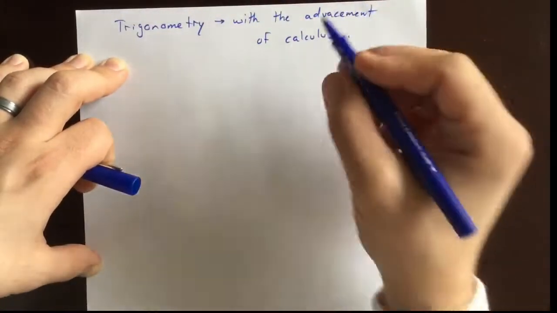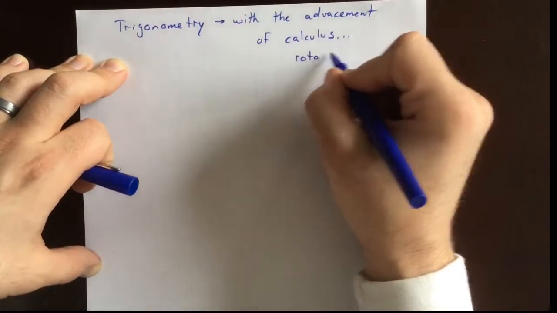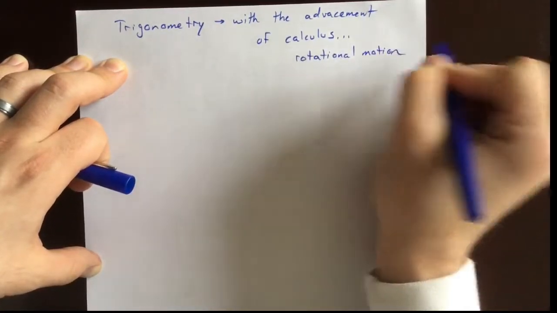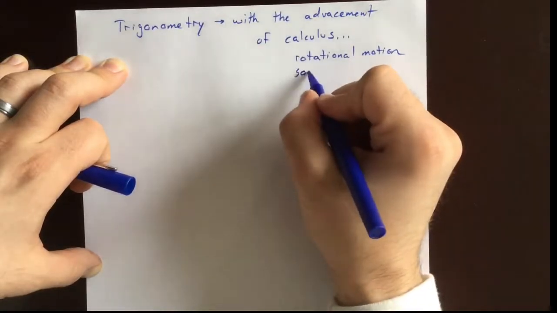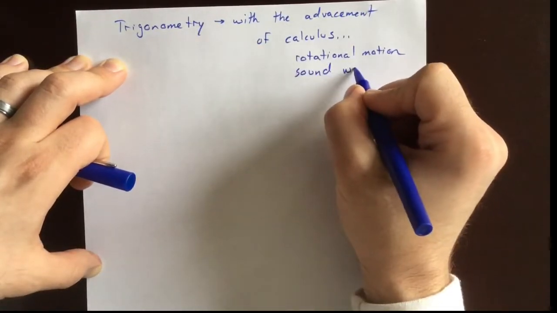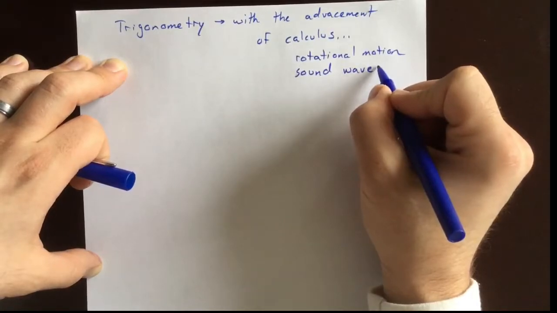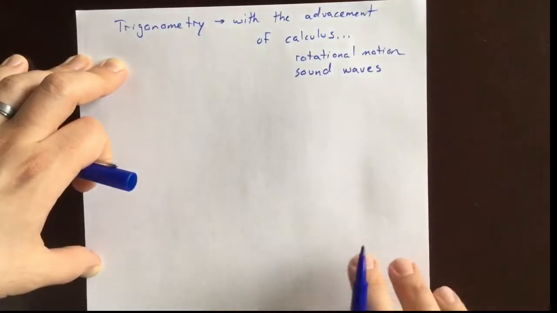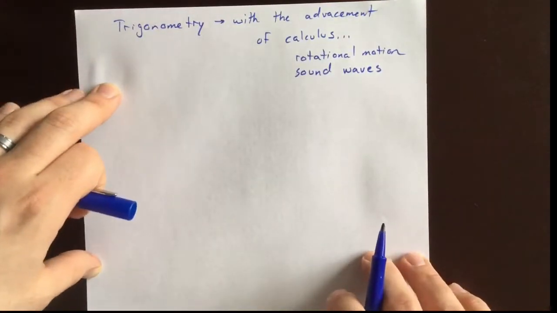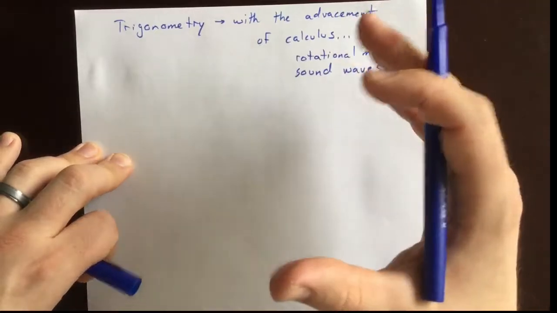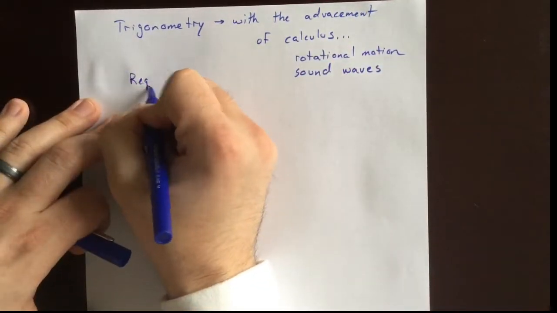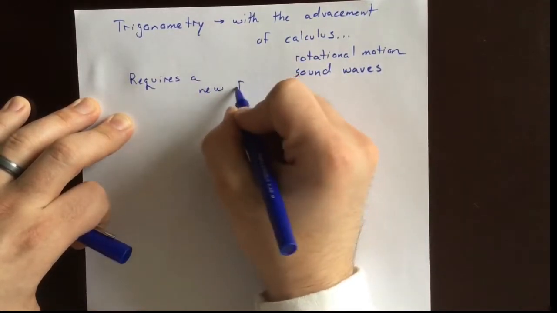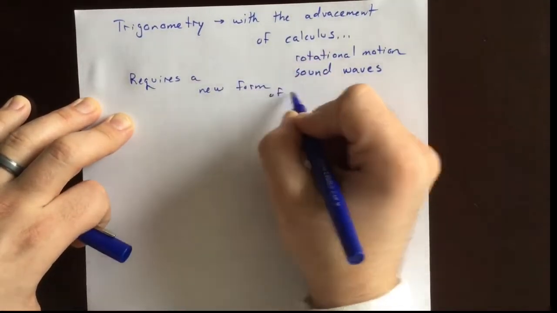Trigonometry was used when examining rotational motion and sound waves, and that's just two of a huge list of areas where trigonometry is now used with the advancement of our math techniques. So with this advancement, this requires a new form of angle measure.